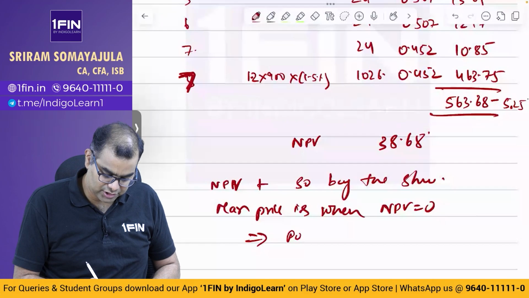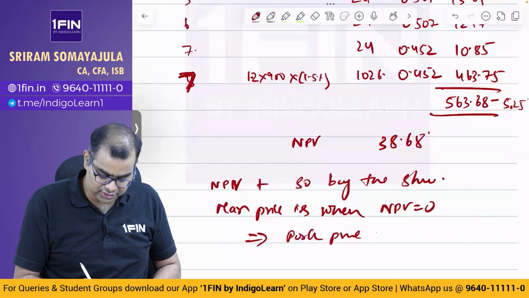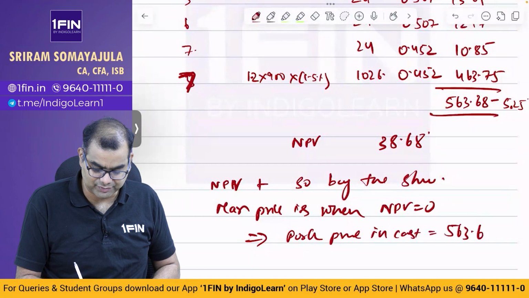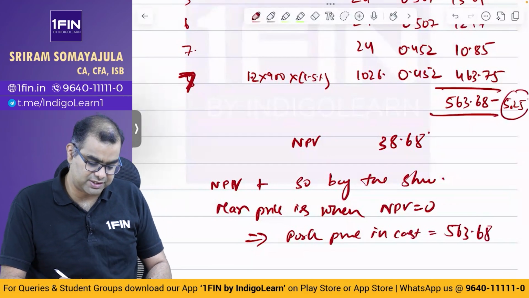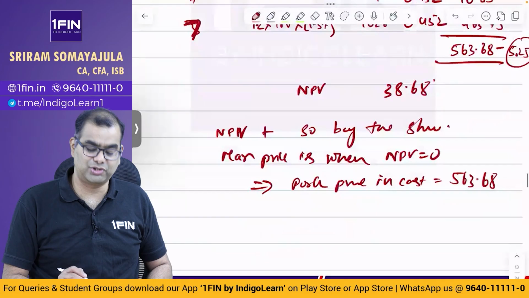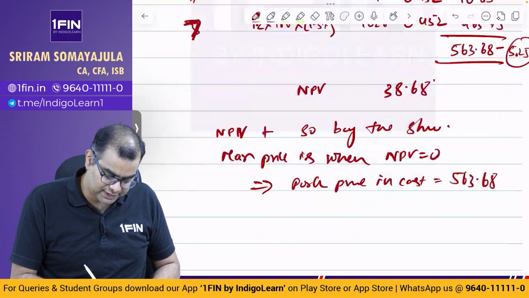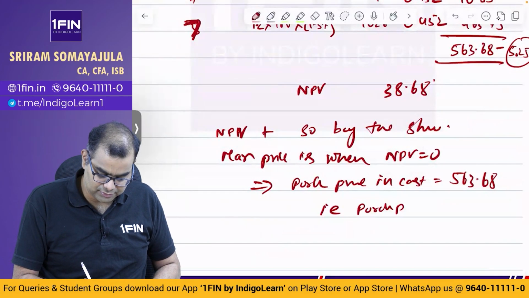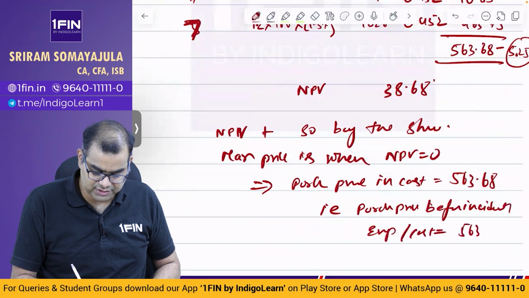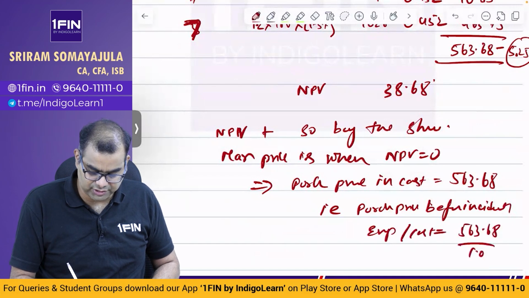That implies the purchase price including cost is equal to 563.68. That is, 525 is the purchase price that we subtracted. So if 525 increases to 563, NPV will become 0. So you have to compute that. That is, purchase price before incidental expenses is equal to 563.68 by 1.05.